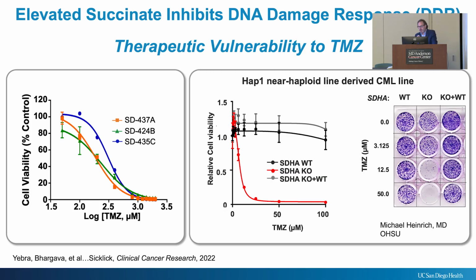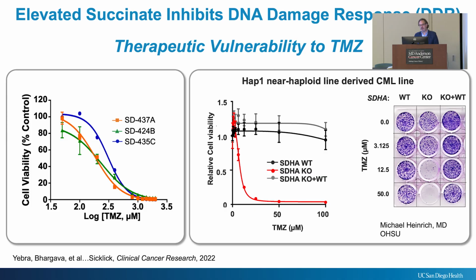Using a different model that Dr. Heinrich had developed in his laboratory, where he could get rid of the whole SDH complex in cells by just knocking it out, what we could show is when we treated normal cells with temozolomide, they didn't die, as you can see in these flat lines here.